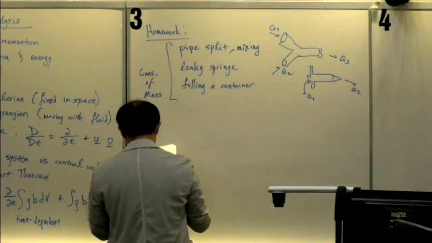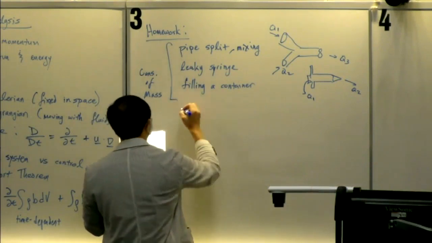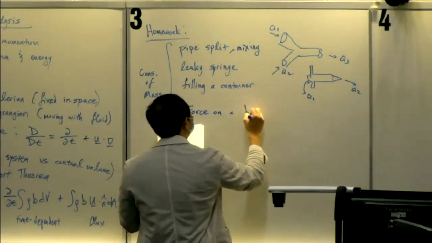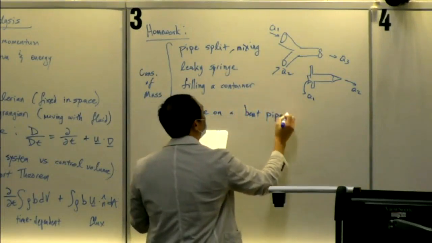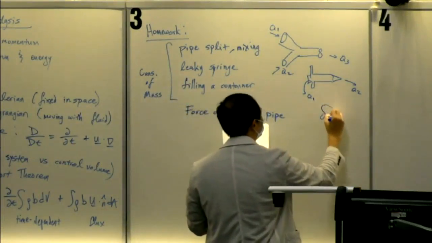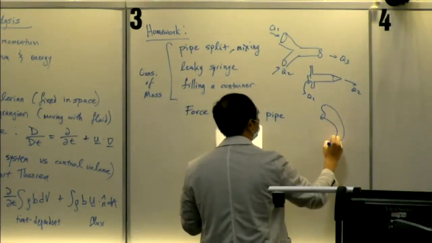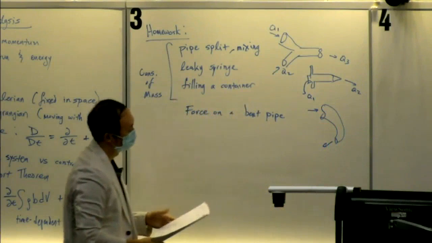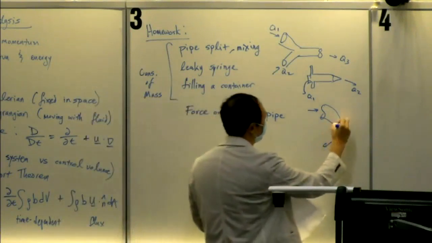Now, questions that are more obviously conservation of linear momentum are like this. Force on a bent pipe. So, for example, fluids coming out at these two arbitrary angles. What is the anchoring force on the pipe?